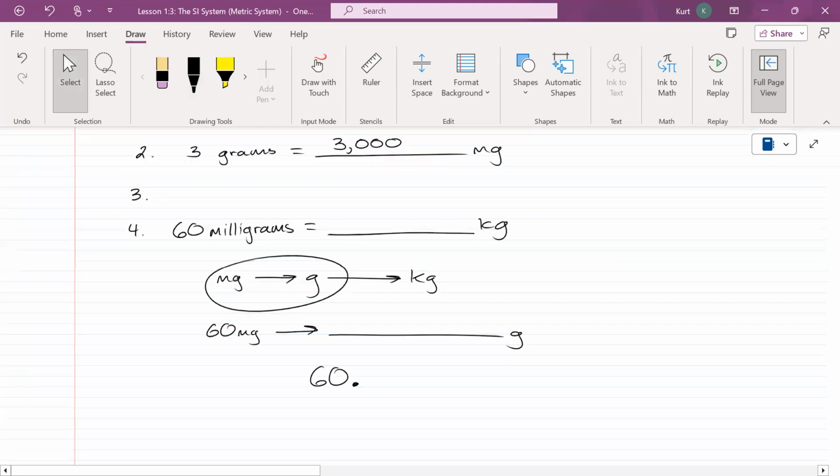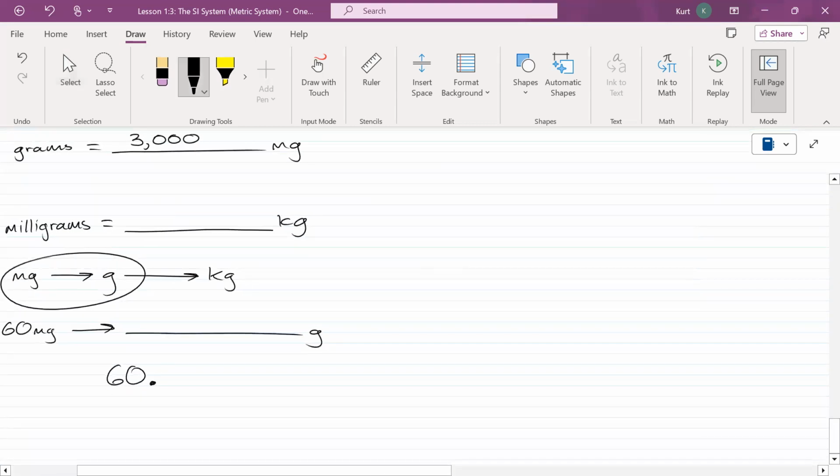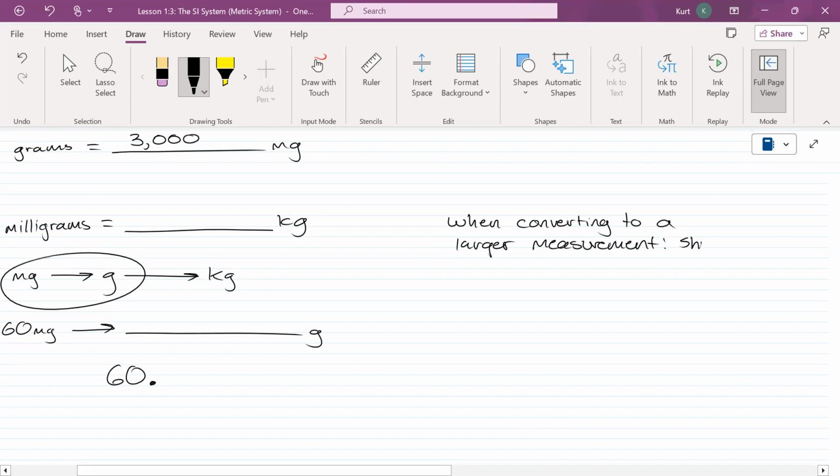So we need to have something to refer to. When converting to a larger measurement, shift left.